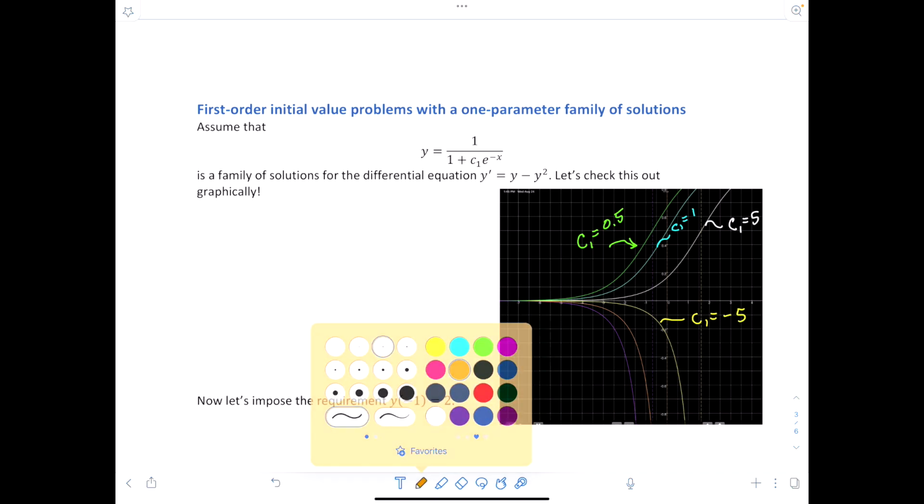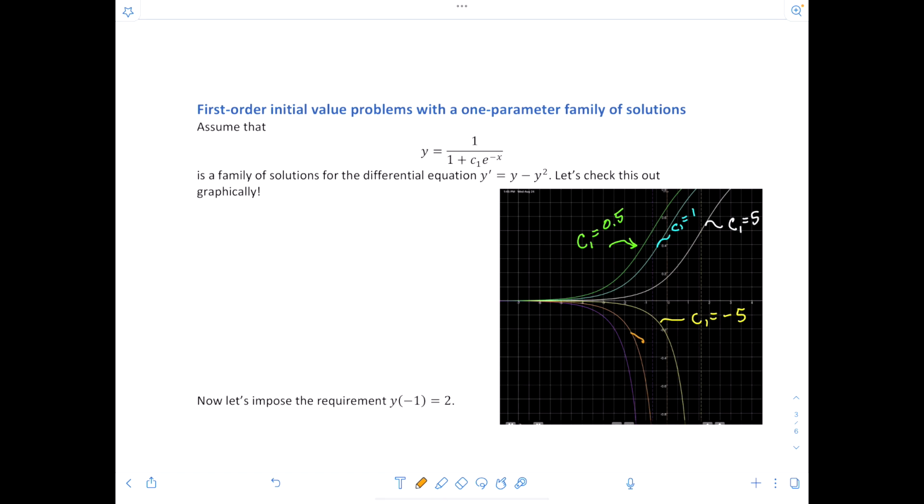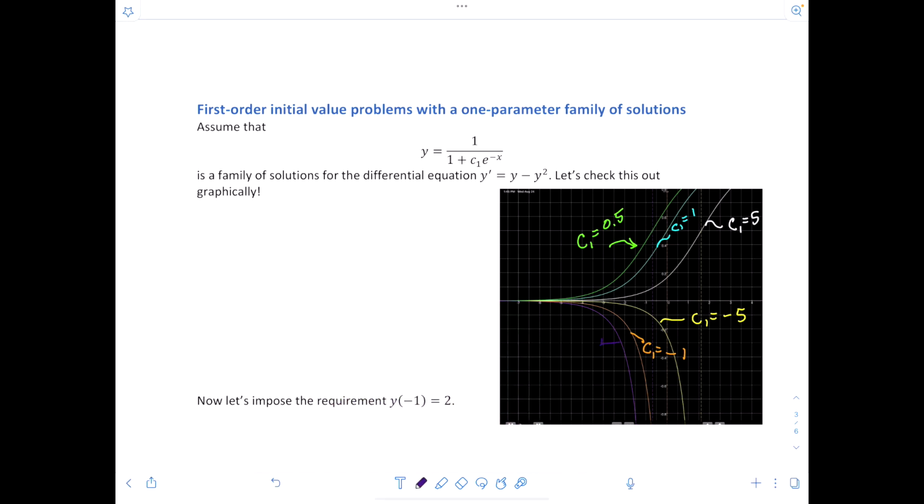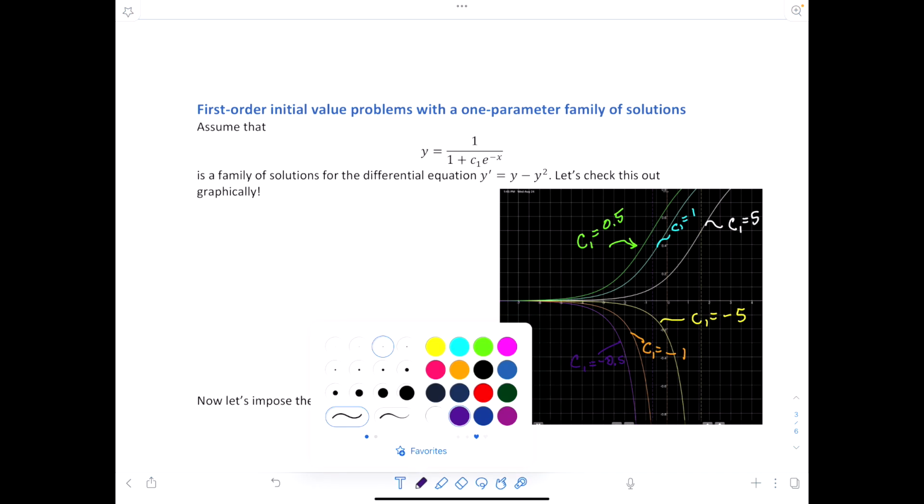The orange was for C1 equal to -1. And that purple was for C1 equal to -0.5.